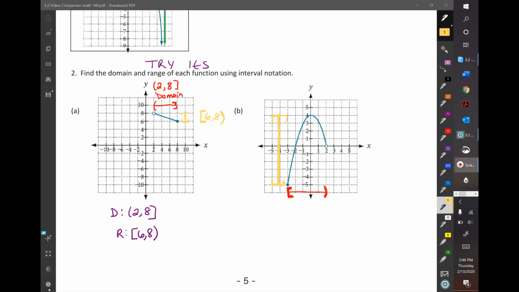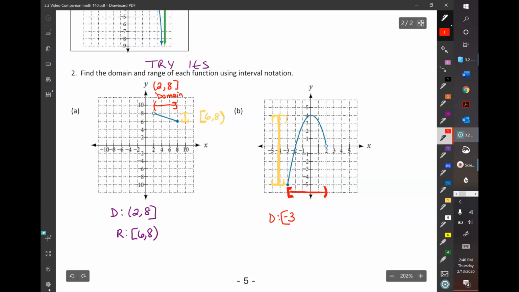So for the last one, the domain is in red here, so we are including this -3 with a bracket, and then we have the interval of x's that goes all the way up to 2, but it's not included, it's an open circle, so we put a curve. And then for the range, we do want to make sure you always label which is which.